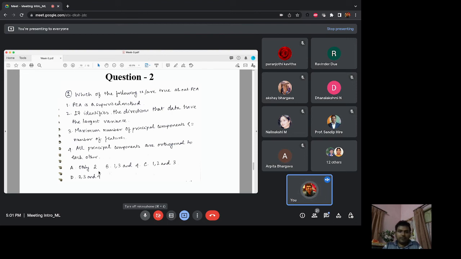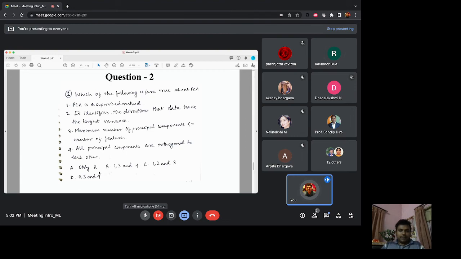And all principal components are orthogonal to each other. I won't go into the details, but because of the way PCA is computed, all the principal components will be orthogonal to each other. So the correct answer is 2, 3 and 4, which is option D.